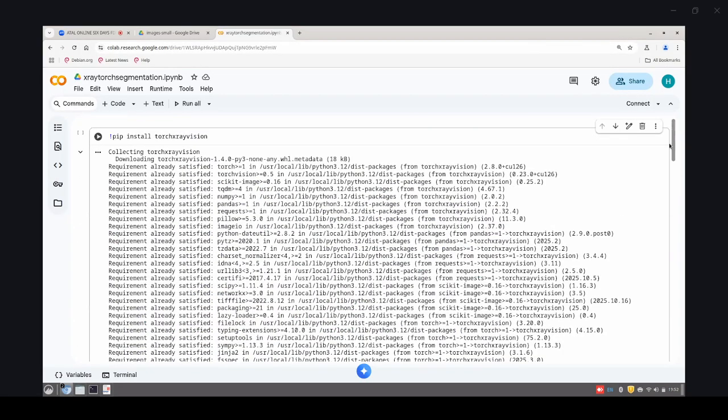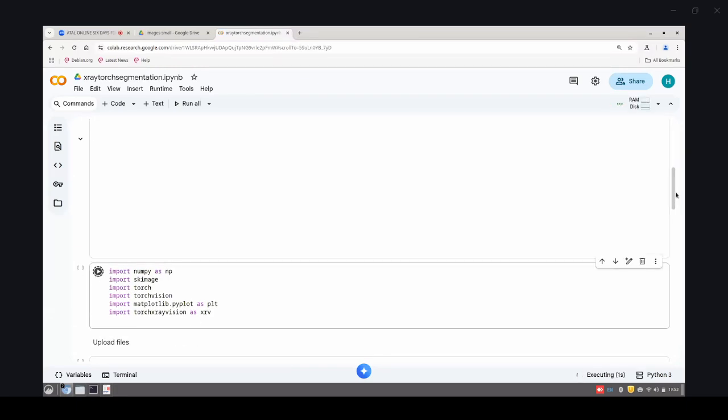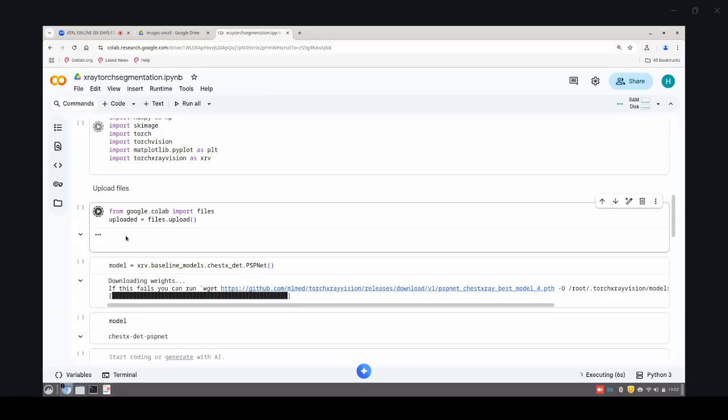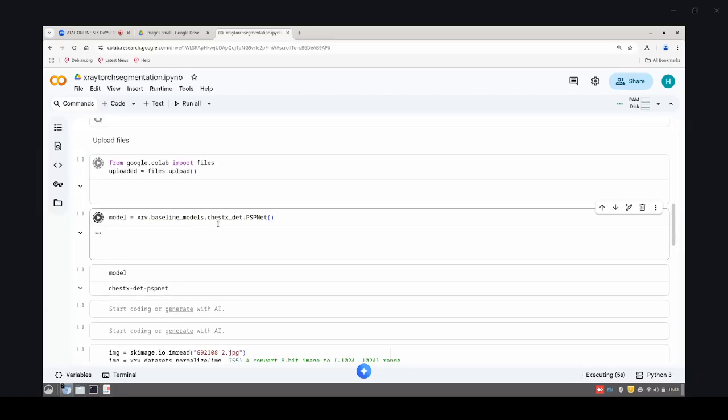Again, I can import the file. I'm uploading my input file, and again I'm loading my model for PSPNet, which is a model used for segmentation of body parts from chest X-ray images.